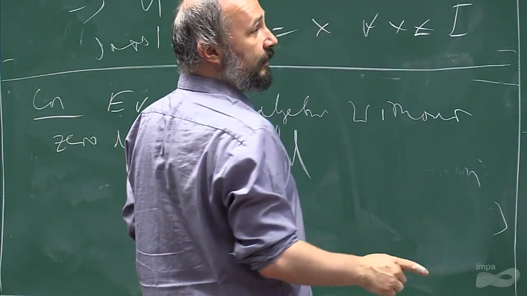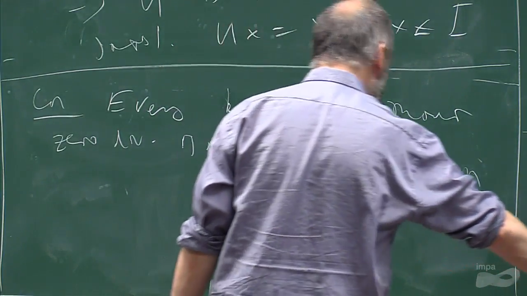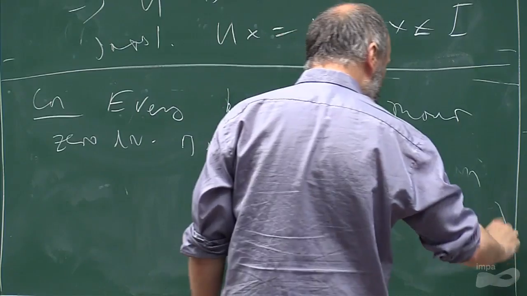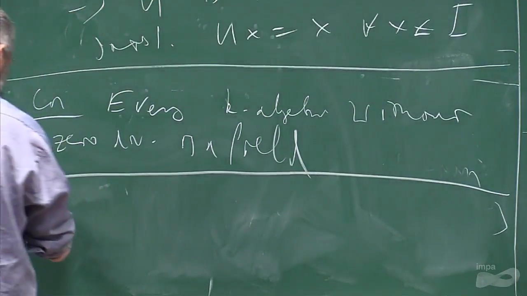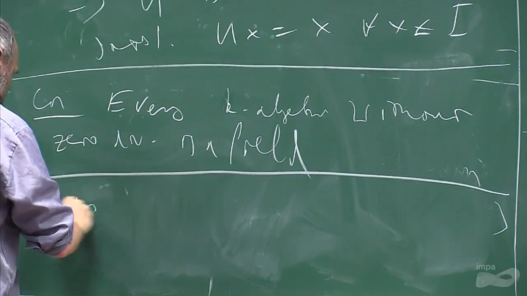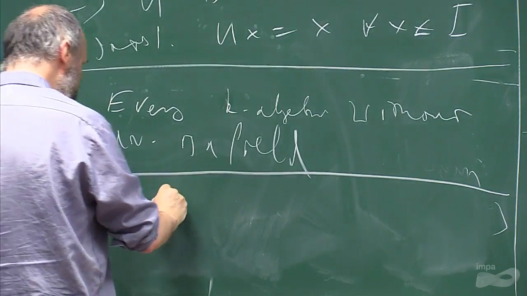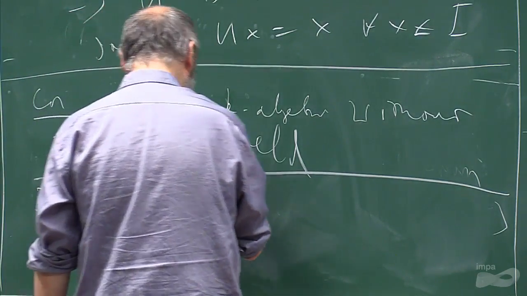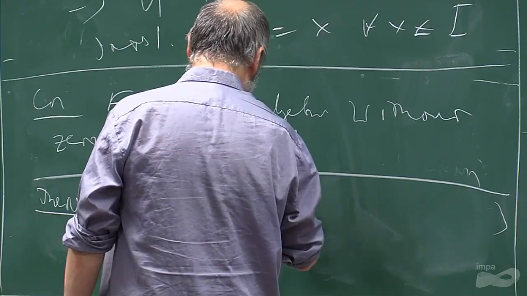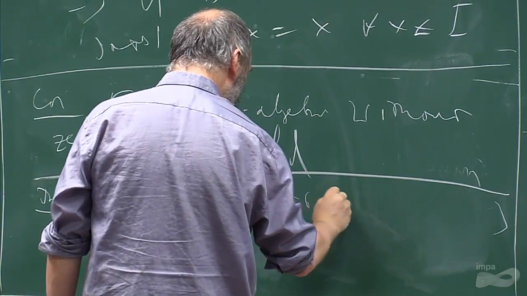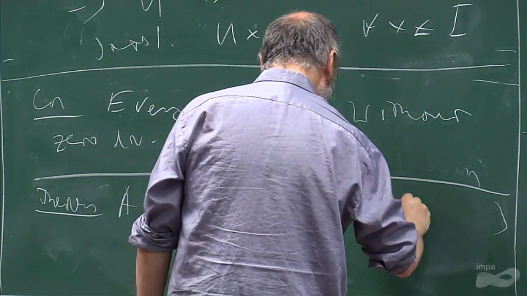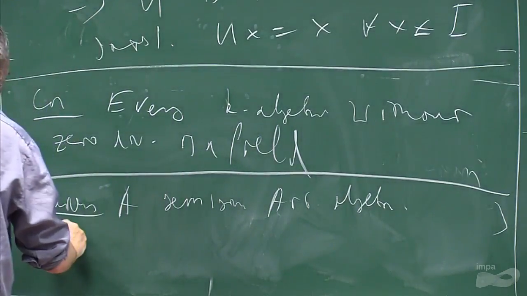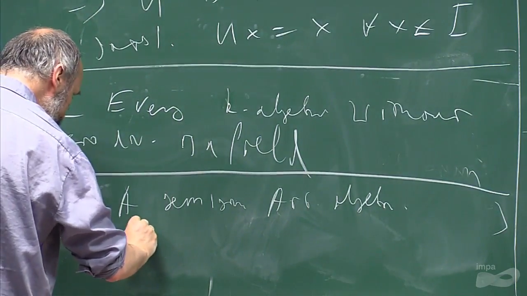Now we can prove this theorem which I raised about the existence of direct sum decompositions. So theorem. Let A be semi-simple. Semi-simple means no nilpotence. Semi-simple Artinian algebra. Then A is a direct sum of fields.